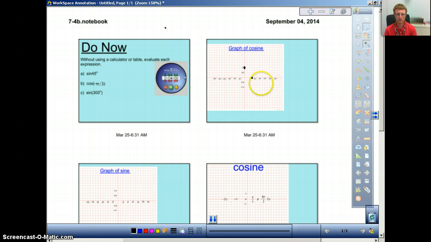We know that it's -1 at 180 degrees. It's back to 0 again at 270, and then all the way back to 1 at 360.